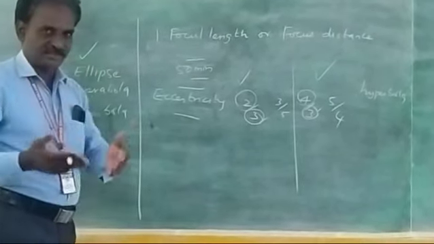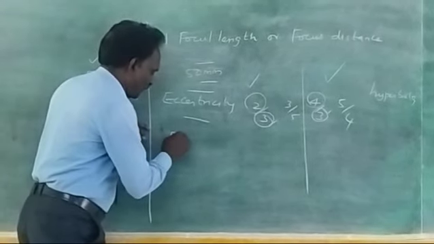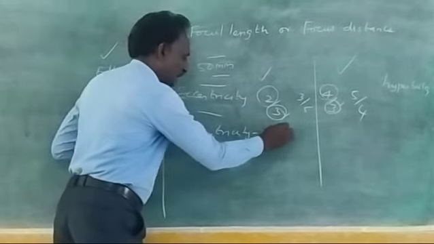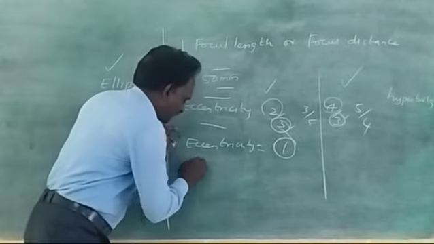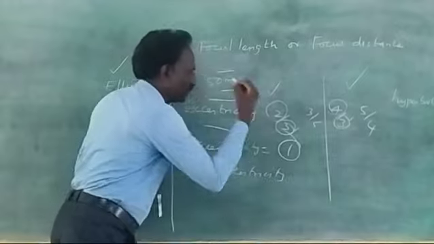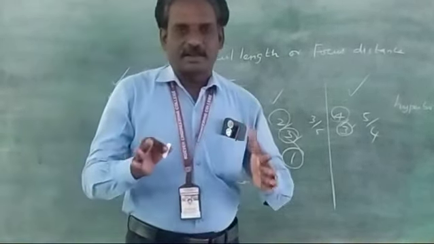Okay, one more question arises. Sir, what about parabola? Eccentricity for parabola is 1. Normally, no eccentricity. So basically, we revise three topics.